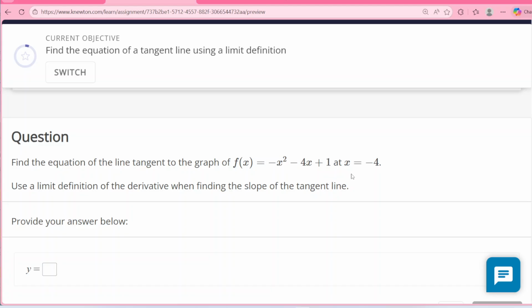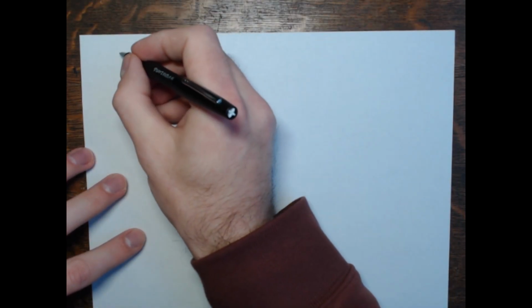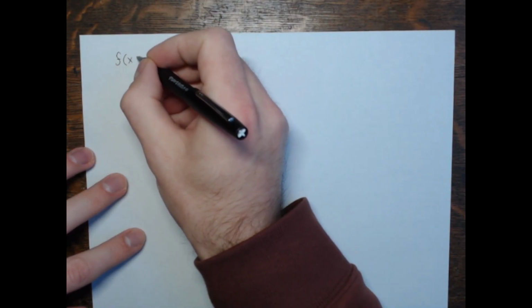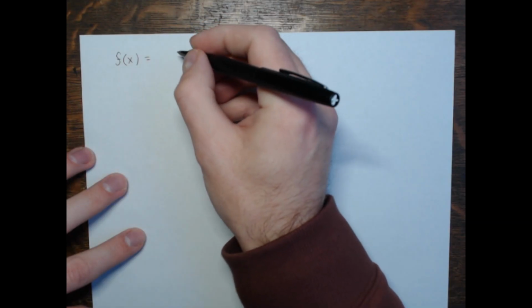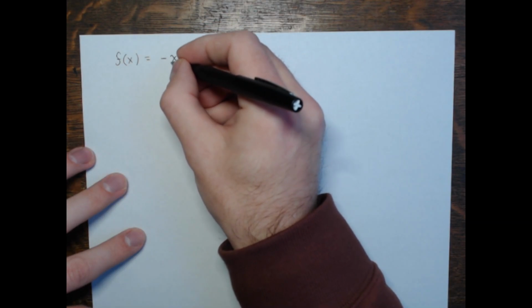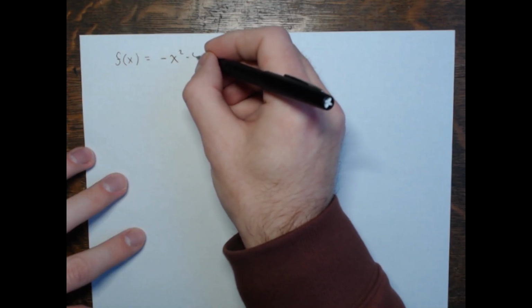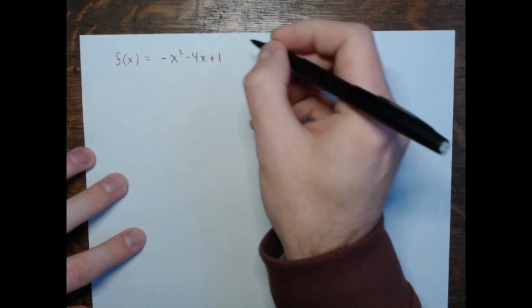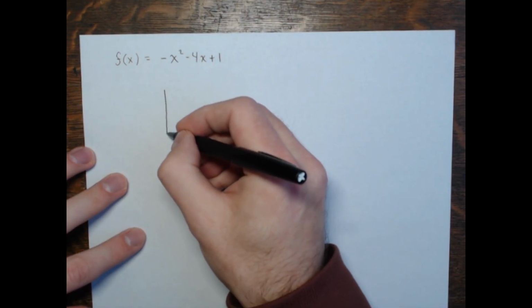So I have some paper here. So the function we're given again is quadratic, some parabola shape. If you go to a graph, and I'll do a sketch of it again here. So here's the sketch of this.